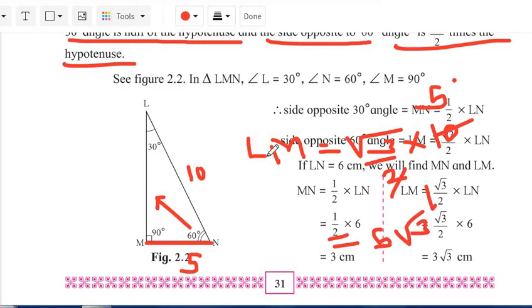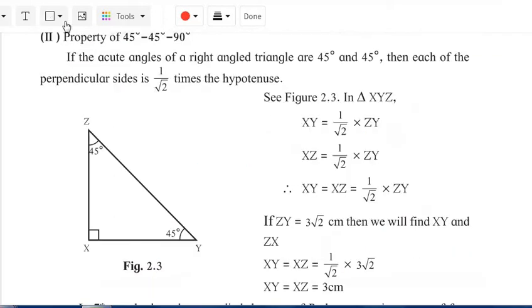Understood? Okay. Then the next theorem is the property of 45, 45, 90. What is that property? If the acute angles of a right angle triangle are 45, 45, then each of the perpendicular sides, that means these two sides XZ and XY, is 1 upon root 2 times the hypotenuse.